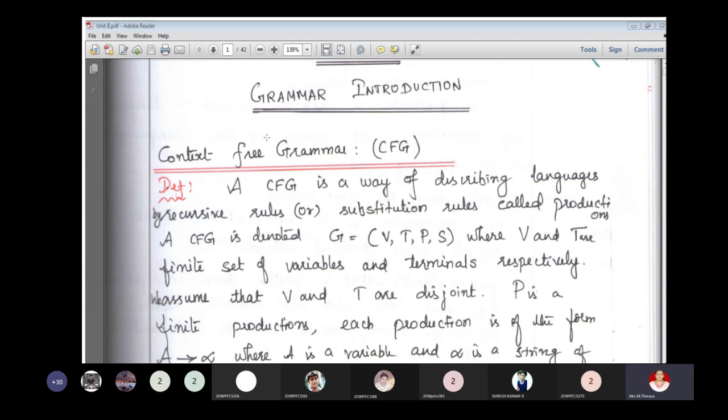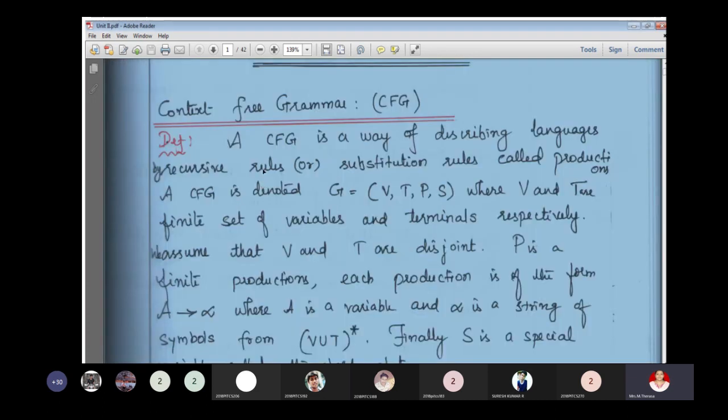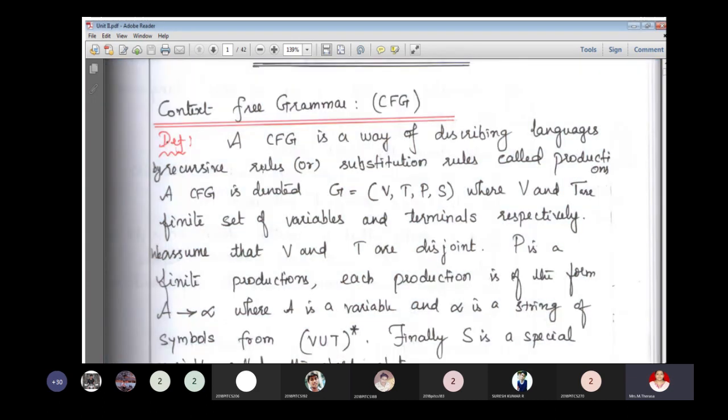V represents the set of variables, T represents the set of terminals. We assume that V and T are disjoint sets. There should not be any common element between V and T. Then P is a finite set of production rules.